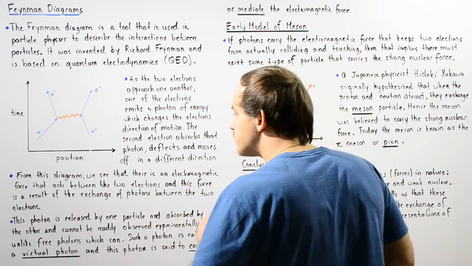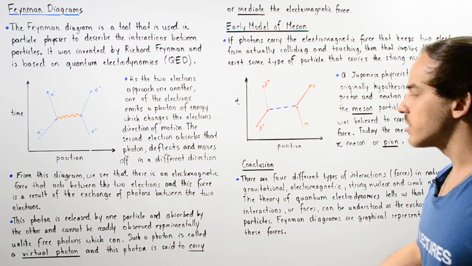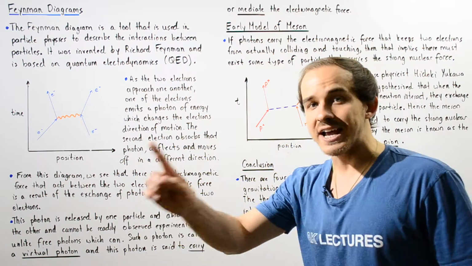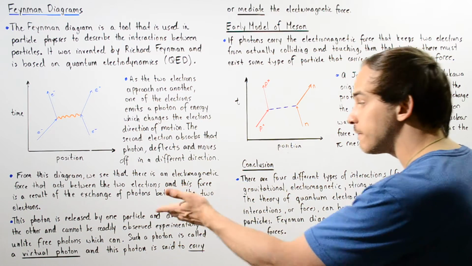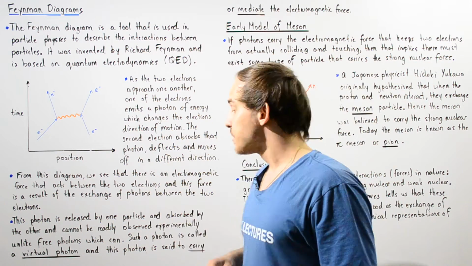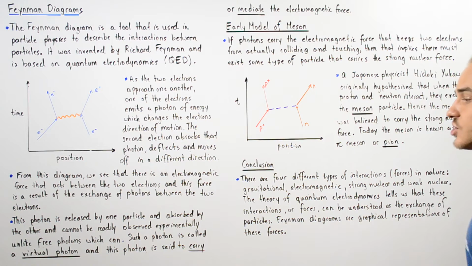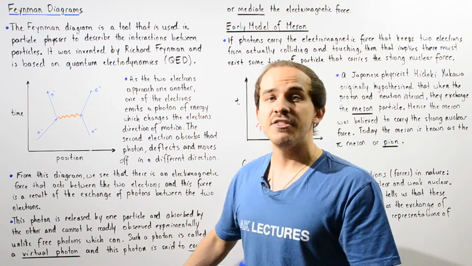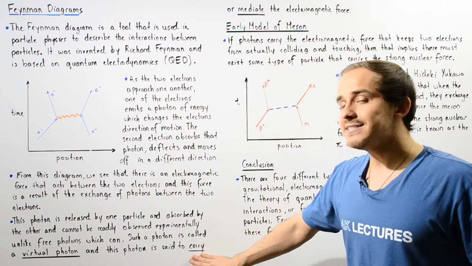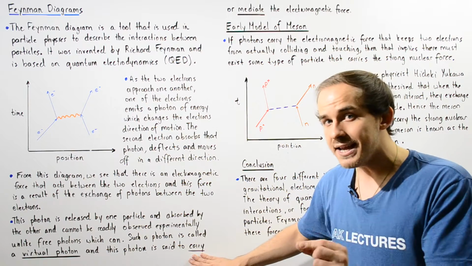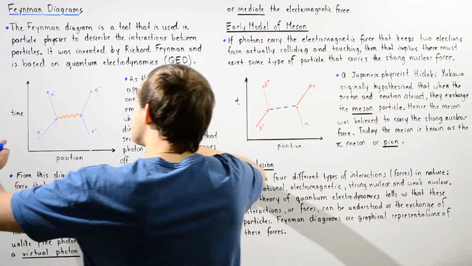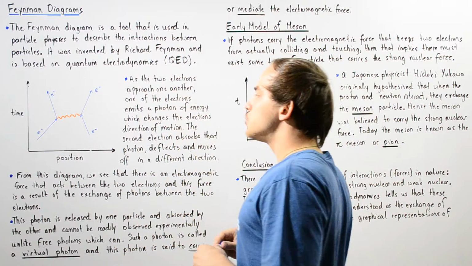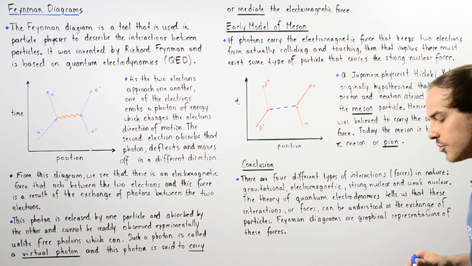So this photon is released by one particle and absorbed by the other and cannot be readily observed experimentally, while free photons can. So such a photon is known as a virtual photon, and this virtual photon is said to carry or mediate the electromagnetic force that causes these two electrons to repel one another.